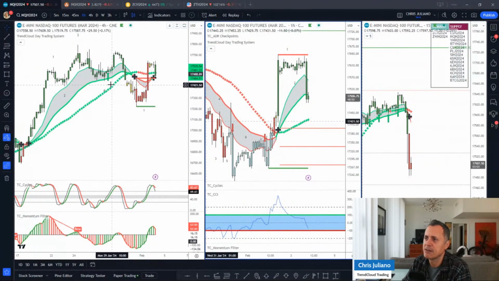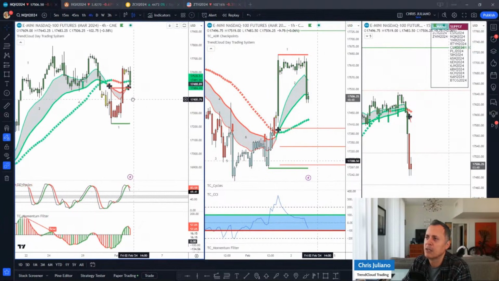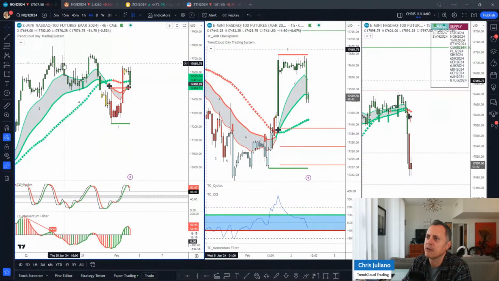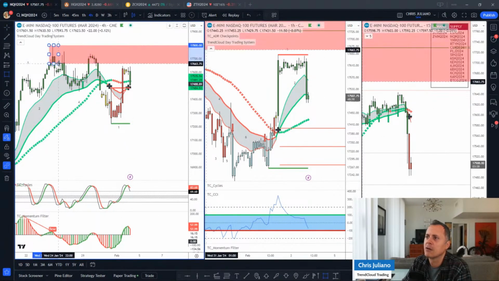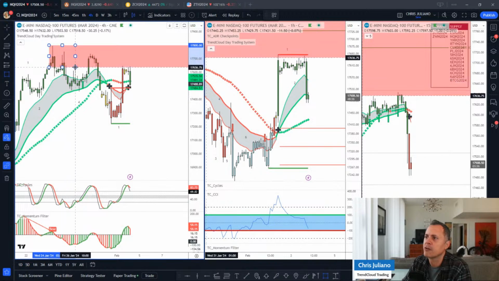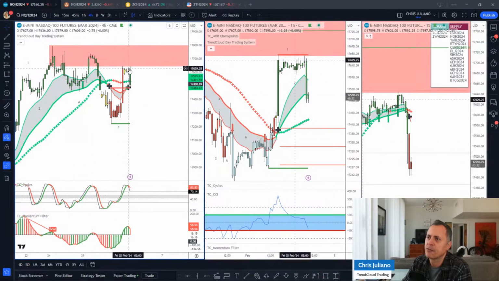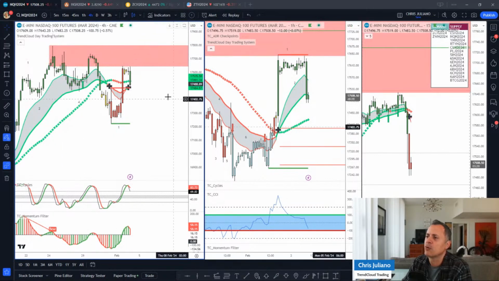Did break out to the downside. We broke structure here, but then we ripped back up, and now we are just sort of at this market edge here. We can draw it just like that, so that it encompasses all four points there.